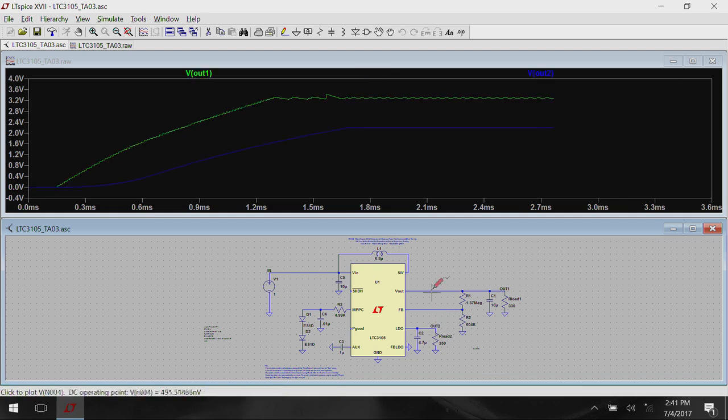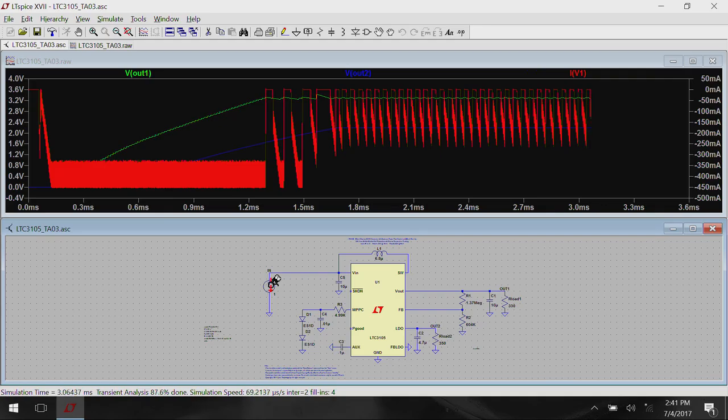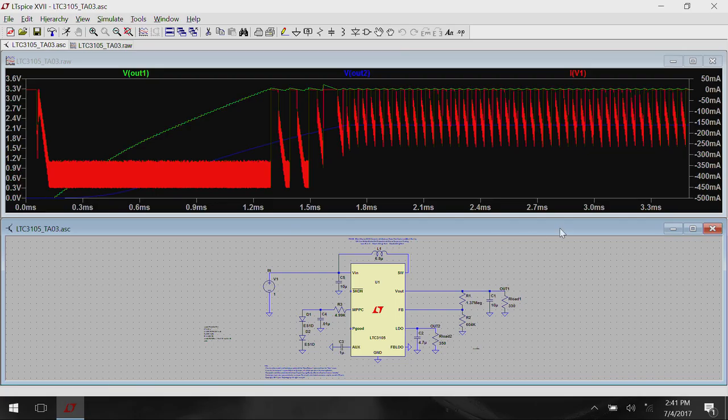VLDO is at 2.2, that is what we measured, and input is a bit noisy for some reason. It should give you 1 volt at the input.